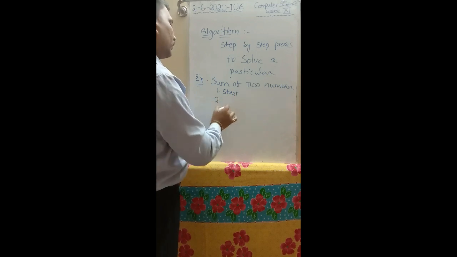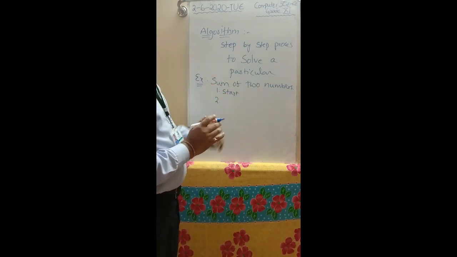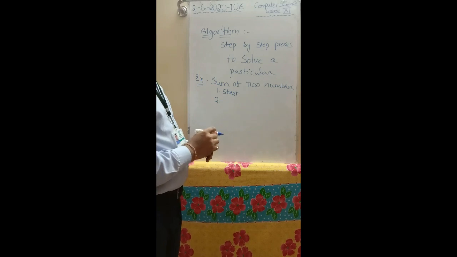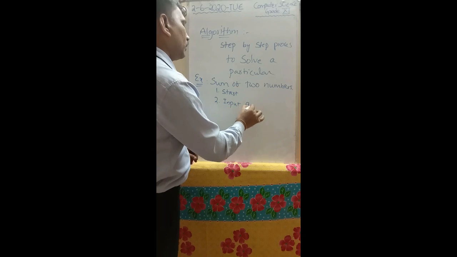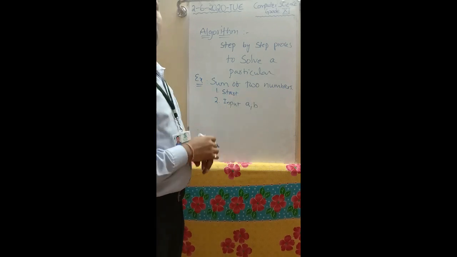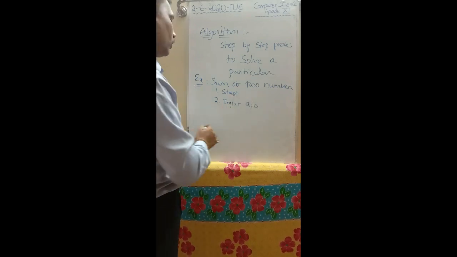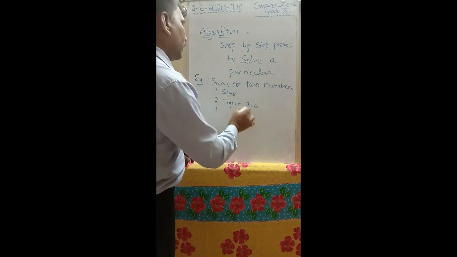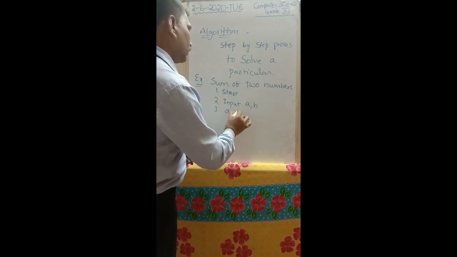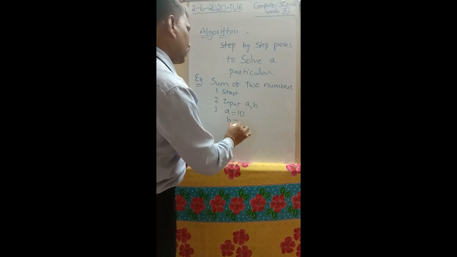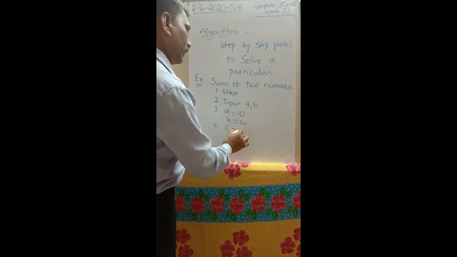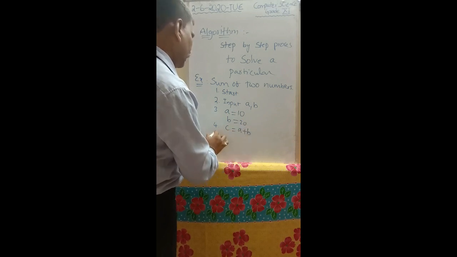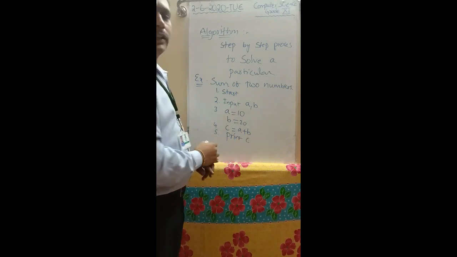The second one: input two numbers by using the input unit, input A comma B through the keyboard. Next, A assign, for example, 10, B assign 20, then we calculate C is equal to A plus B. Finally, we print the value of C.